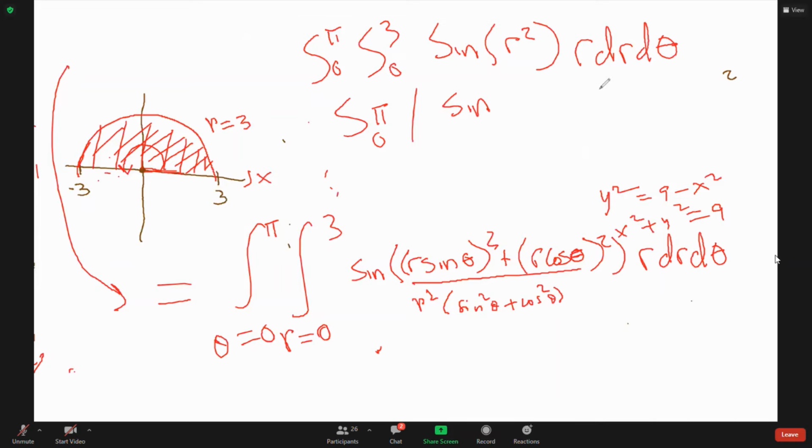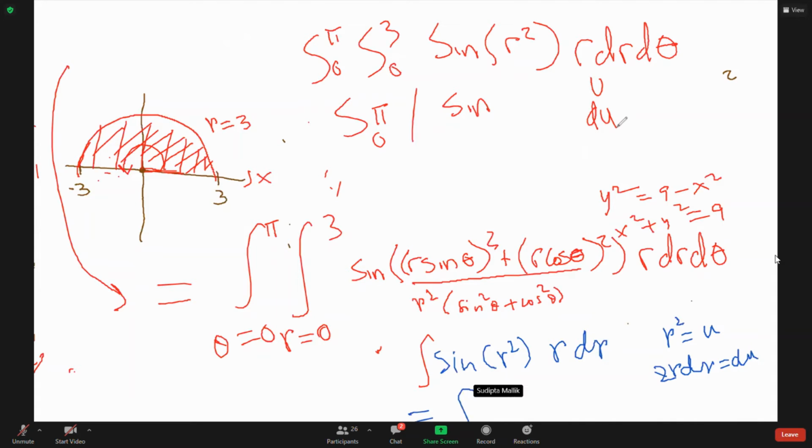Okay, let me do this here. Maybe I'll use a different color. Sine r squared r dr. So you are taking r squared as u, then 2r dr would be du, right? Then r squared is u, and this r dr is 1/2 du.